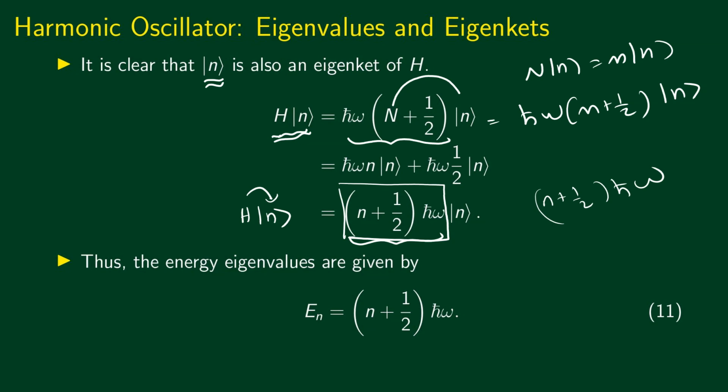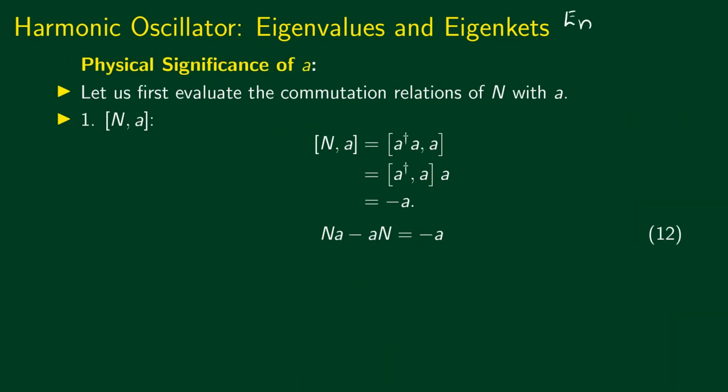Okay, so we can give the energy eigenvalues as En is equal to (n plus half) h bar omega. As we said before, we can label the eigenvalues of the Hamiltonian by the eigenvalues of the number operator, which is small n. We found the energy eigenvalues En is equal to (n plus half) h bar omega, where n here are the eigenvalues of the number operator.